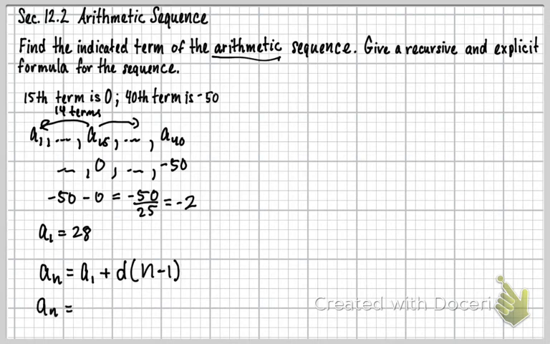So then my AN is equal to 28 plus D is actually -2, so I'm just going to put the negative there, and n minus 1. So when I clean all this up, I get AN equals 30 minus 2n.